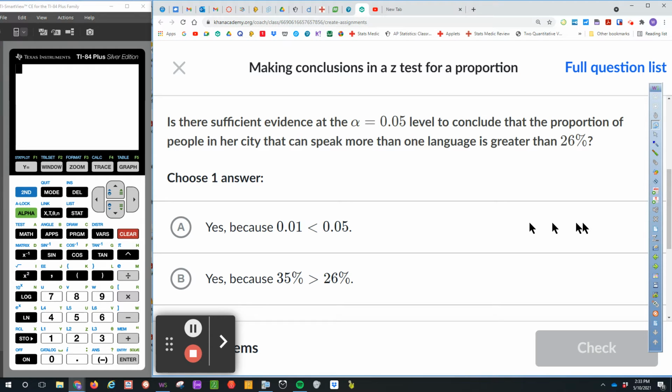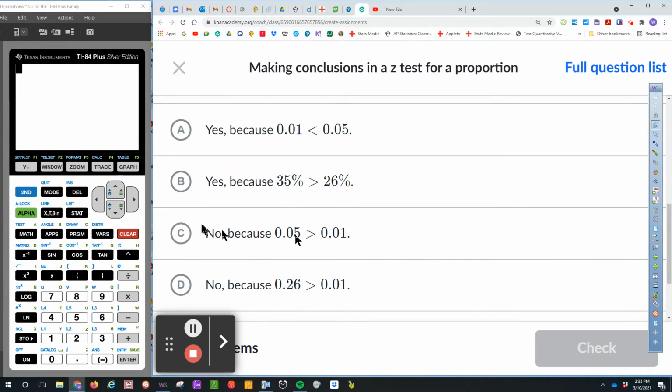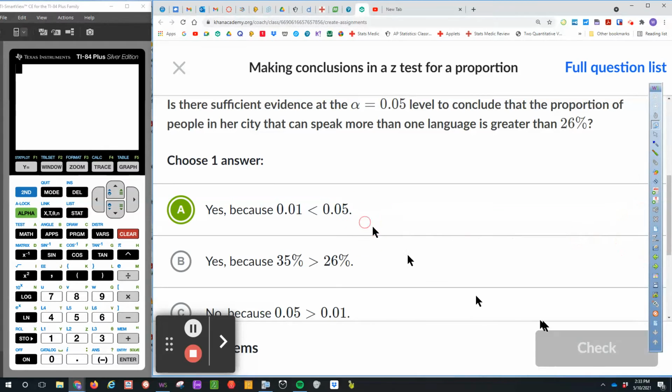Yes, we're concluding that it's more than 26%. So it's not C, it's not D, it's A because the p-value of 0.01 is less than 0.05. That's your alpha, that's your significance level.